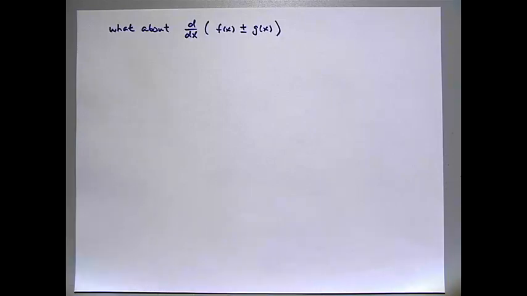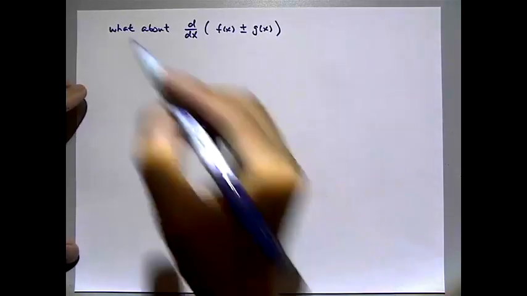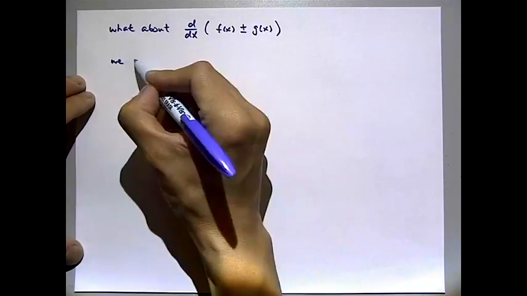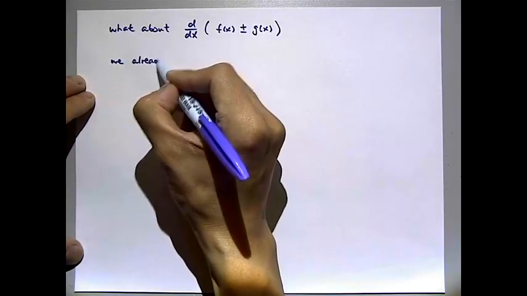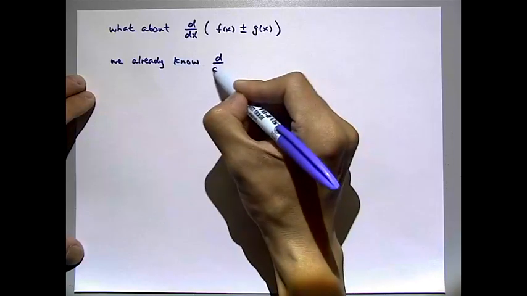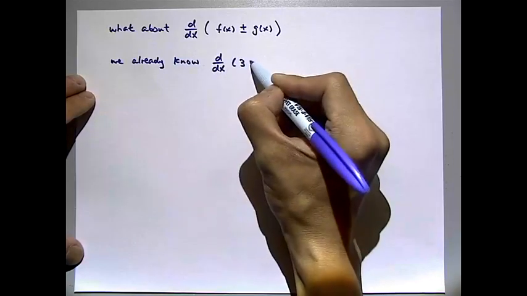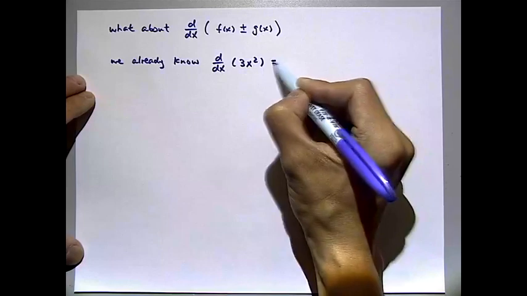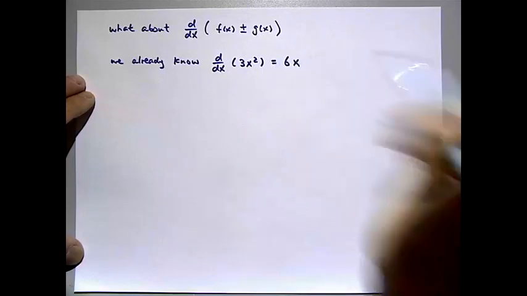And then we're going to use what we already know. So I'm going to borrow the example we just did, the 3x squared example. We already know that the derivative of 3x squared from the last page is 6x. Okay?